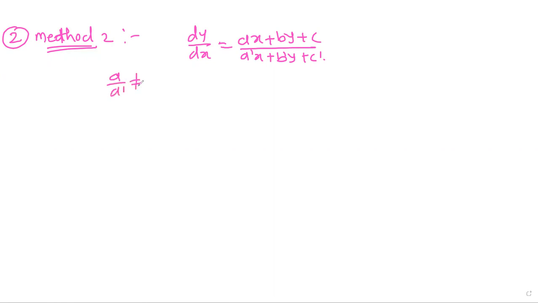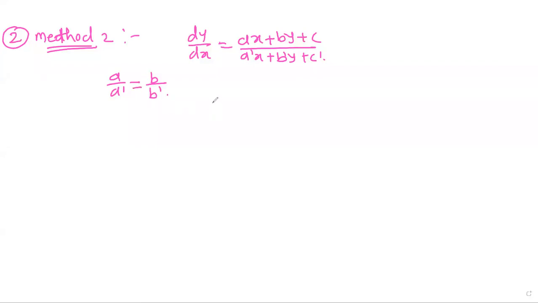Now we know that our non-homogeneous differential equation is dy by dx is equal to ax plus by plus c divided by a dash x plus b dash y plus c dash. So if in this equation a upon a dash is not equal to b upon b dash, this case we have already done. Now we are moving towards what to do if the ratios are the same.